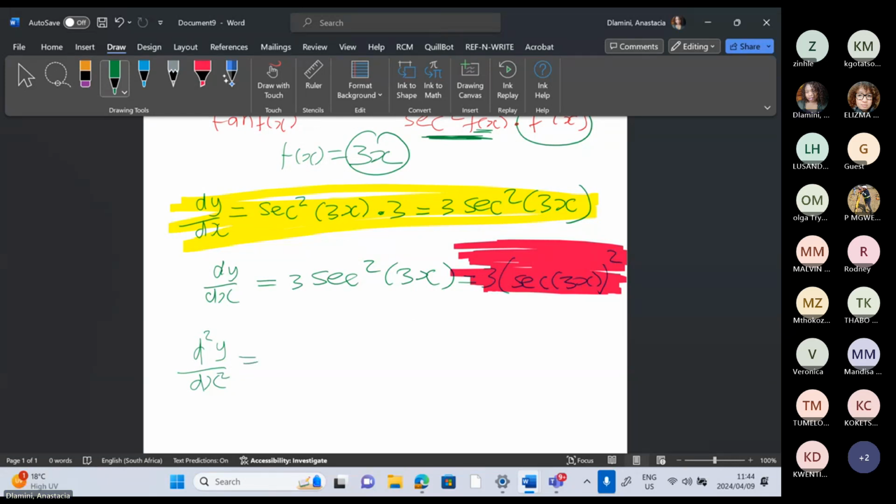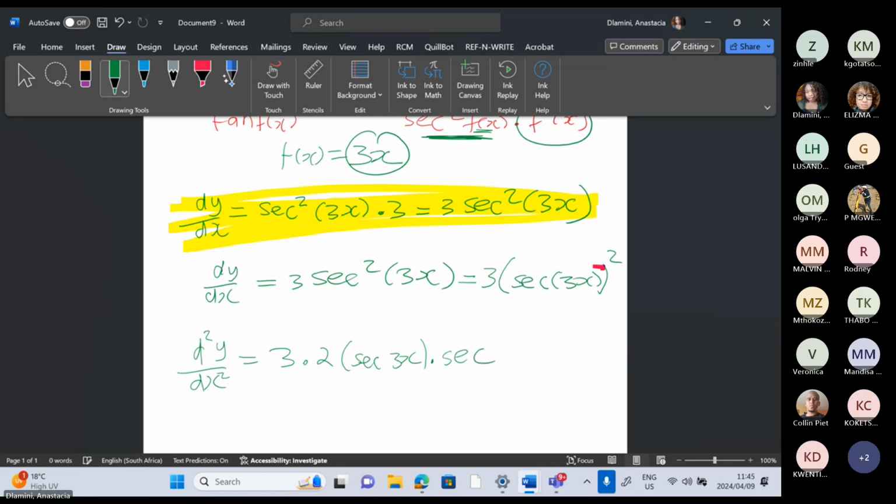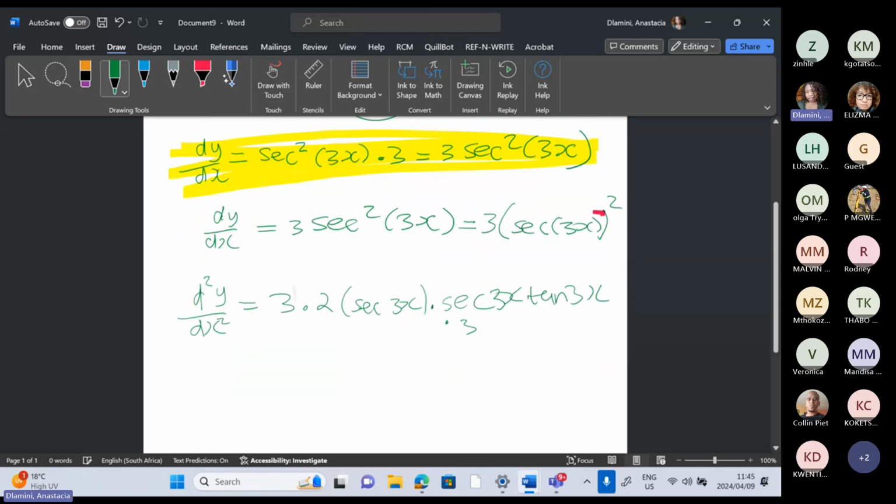You'll have 3 multiplied by 2, sec 3x, then that multiplied by sec 3x, tan 3x, multiplied by 3. Okay, thank you.